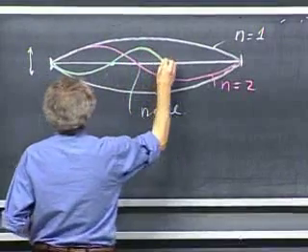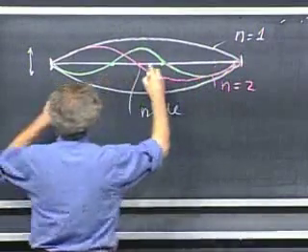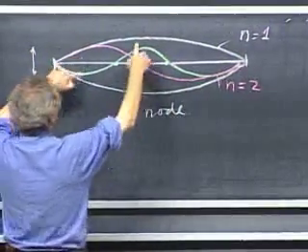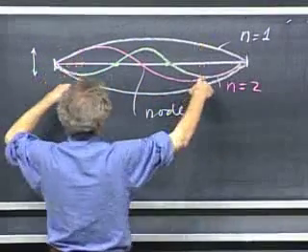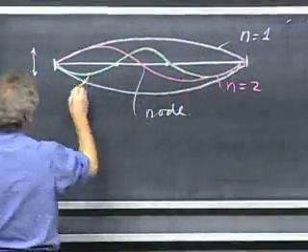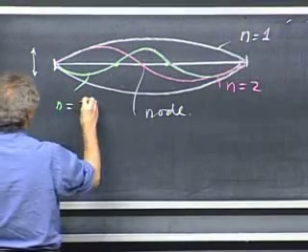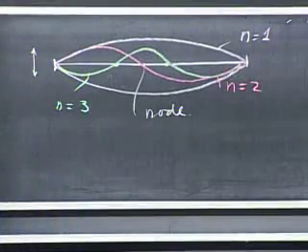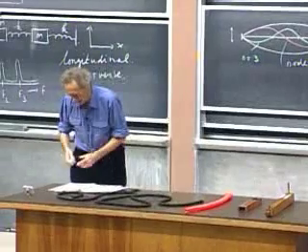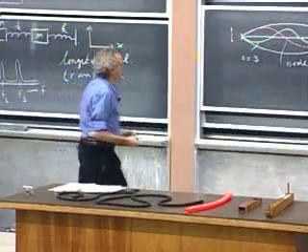The string will oscillate like so. This goes up and down, 180 degrees out of phase, and these two ends are in phase. This is n equals 3. I can go on like that and add nodes, and I will show you some of that very shortly.